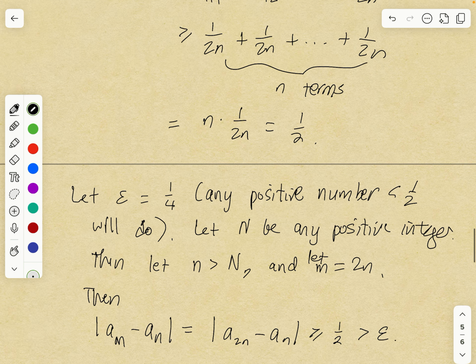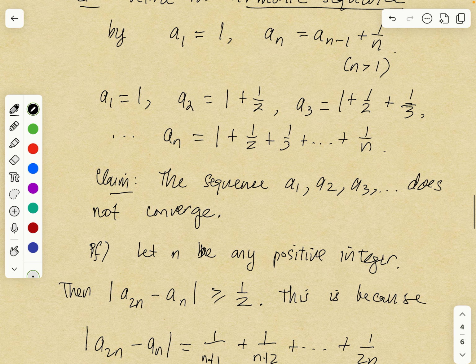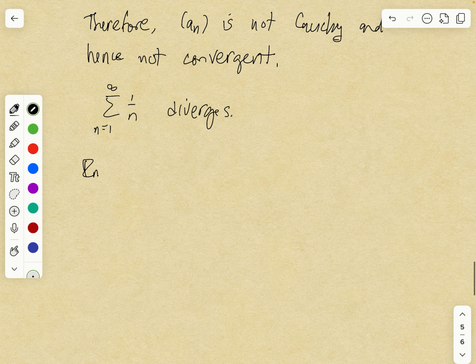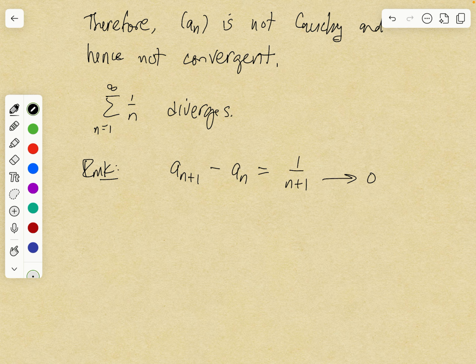And notice, by the way, I'll end with this final remark. If you look at a sub n plus 1 minus a sub n, that's just going to be 1 over n plus 1. Now that approaches 0 as n goes to infinity, but this sequence is not Cauchy.